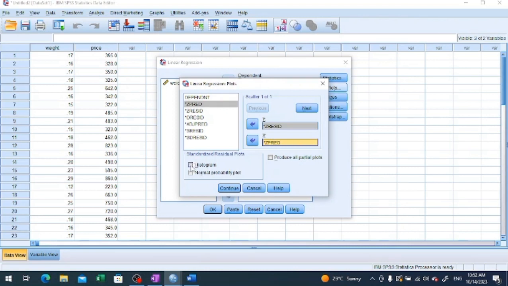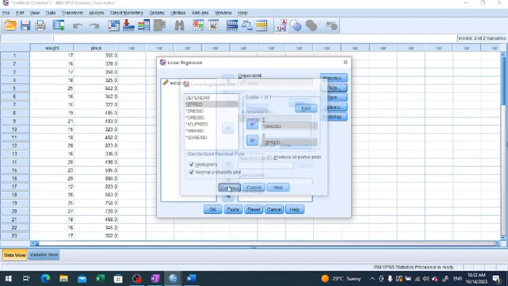Similarly, we mark a check across the histogram option and the normal probability plot. Marking these two options will compare the distribution of residuals with the normal distribution, to what extent the behavior of the residuals is similar to the normal distribution or not. This is what it will focus on.